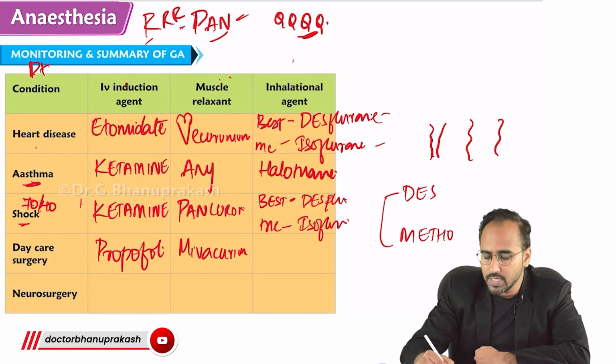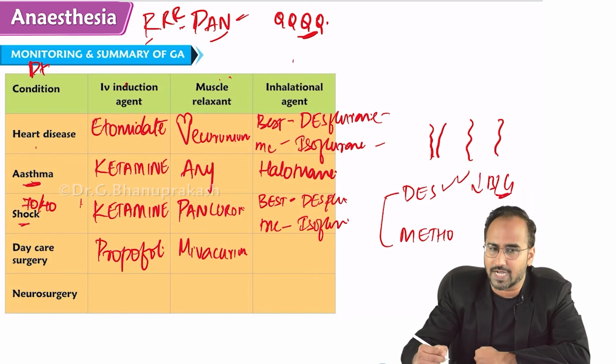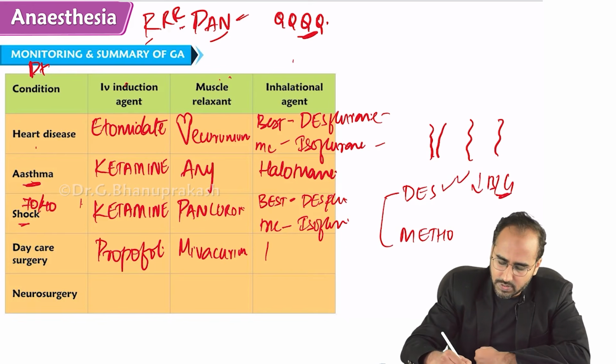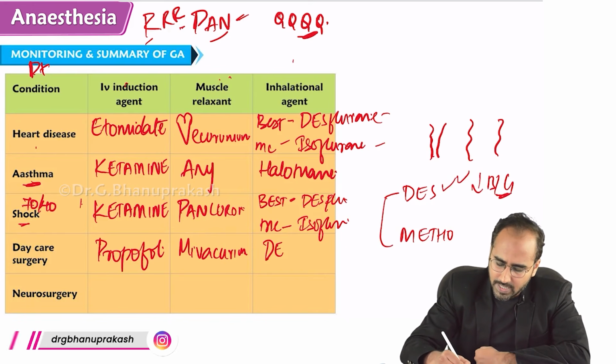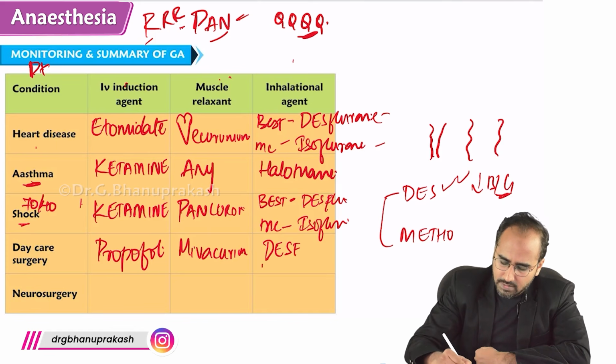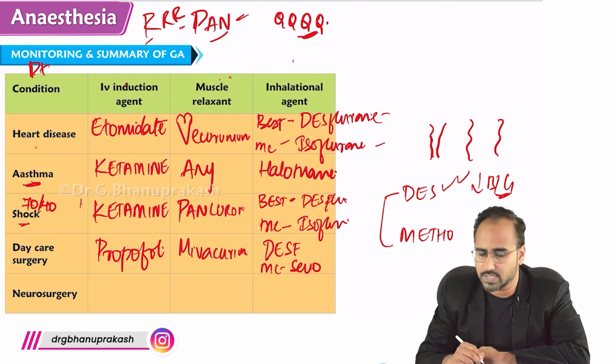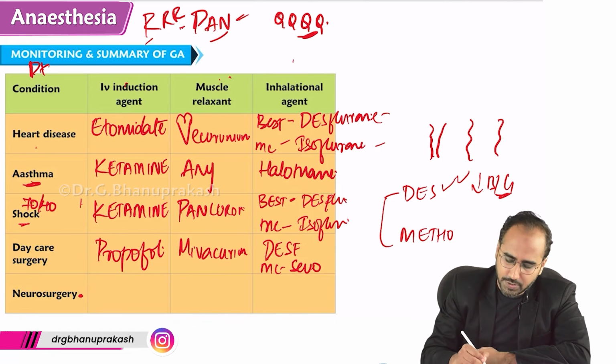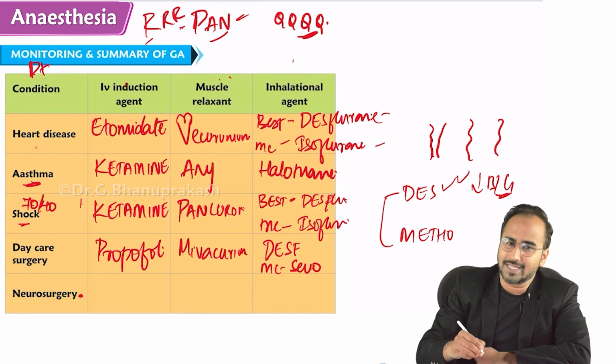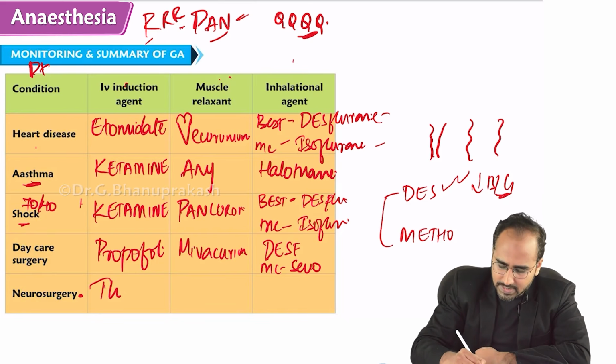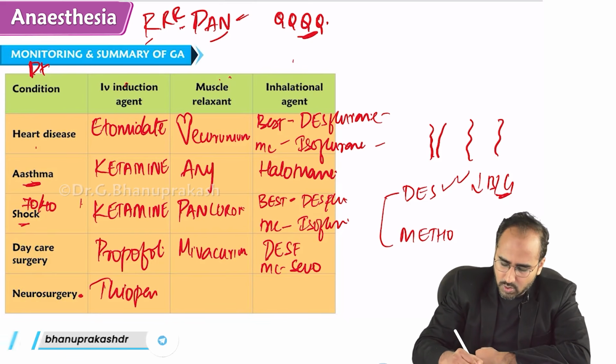Which one will you choose? You will always choose desflurane. Why? Because it has a low blood gas coefficient, fast onset, fast recovery. So the inhalational agent of choice for day case surgery is desflurane, but most commonly we use sevoflurane, because desflurane is costly.